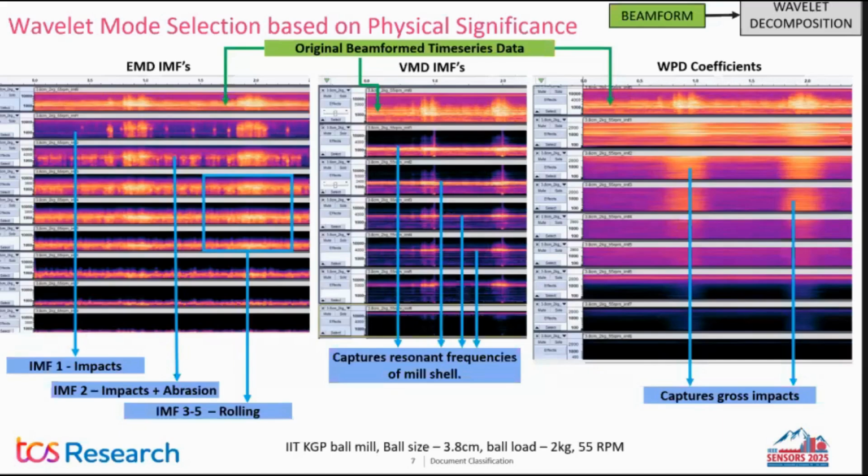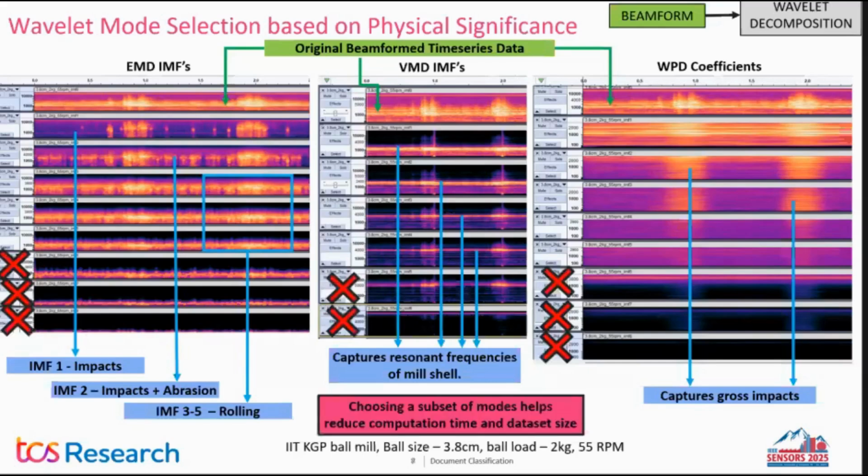In case of VMD, you get the resonant frequencies of the mill shell, and in case of WPD, you get the gross impacts. Now, if you observe the remaining modes, you can see that they don't carry much information. So it makes sense to discard these additional modes. So this will help us in reducing computation time and dataset size down the line.